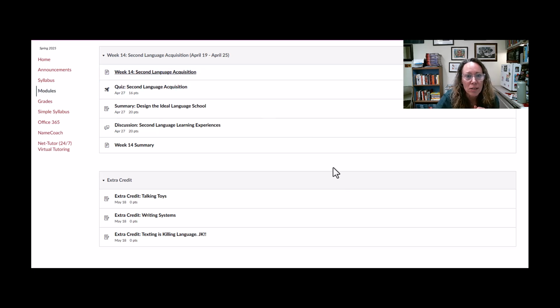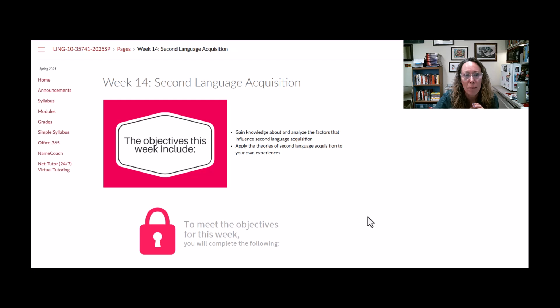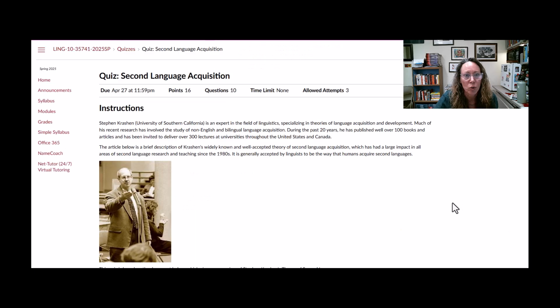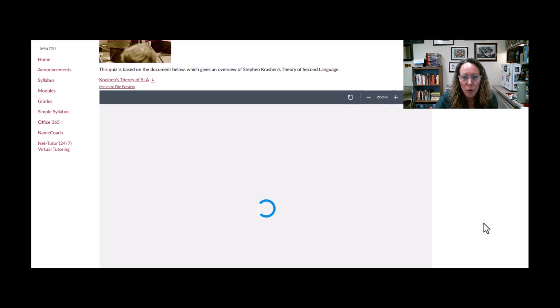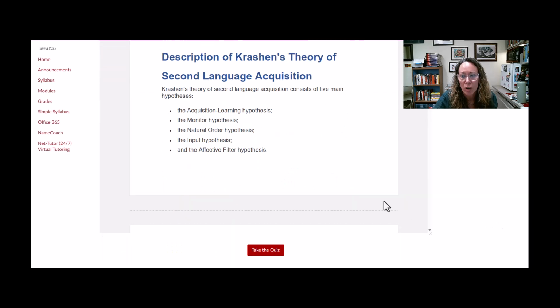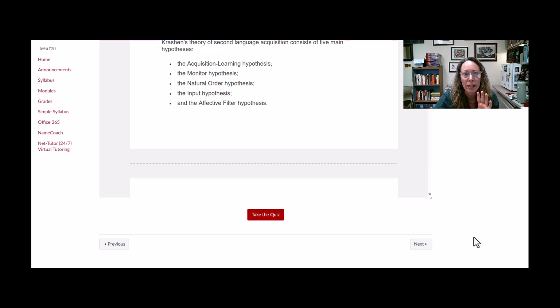Our next assignments are about second language acquisition. So we've got 3 assignments here. And then just really quickly, there is a quiz. The quiz is based on this document here, and it's looking at Dr. Stephen Krashen.